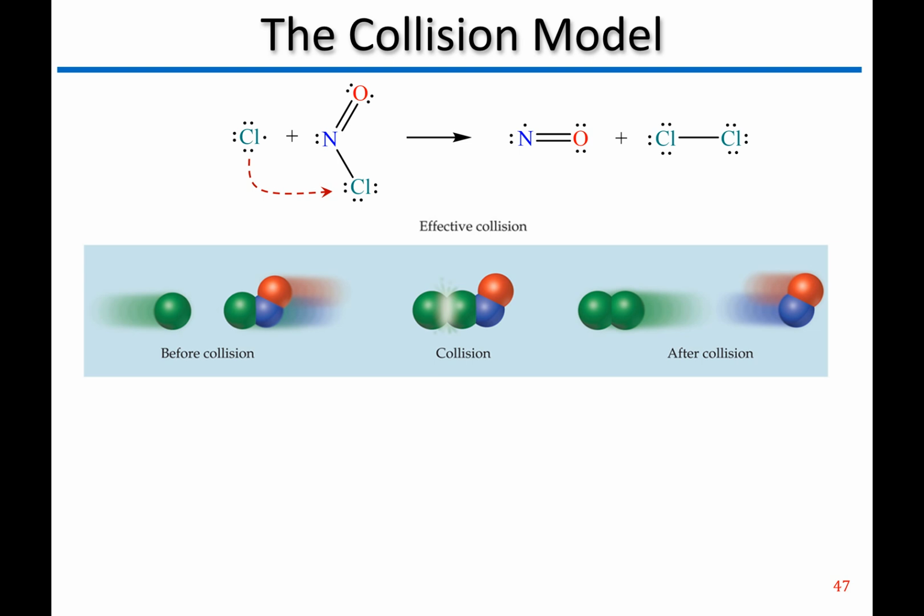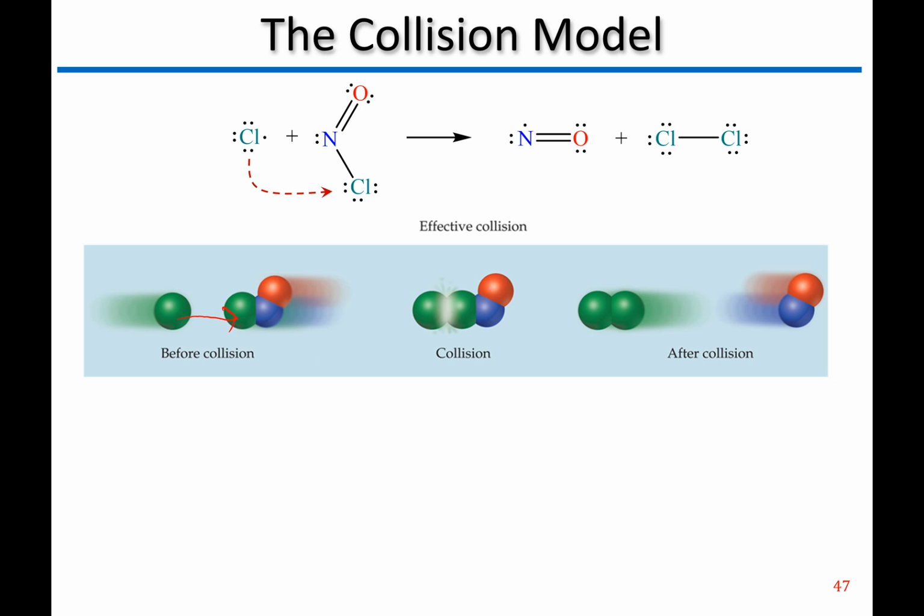Here we have chlorine reacting with a nitrogen-based compound to give us NO and then chlorine gas. What's happening here is chlorine is coming in, bonding with the chlorine attached to the molecule, forming chlorine gas, and leaving behind, well, actually, just one electron. That part's not so important, but what is important is the actual collision model. This chlorine has to come in and meet this chlorine.